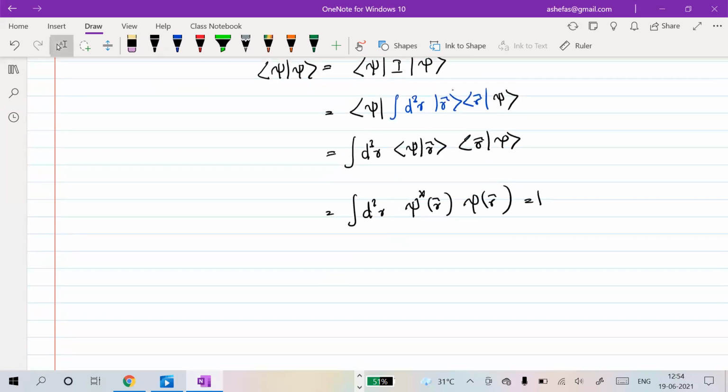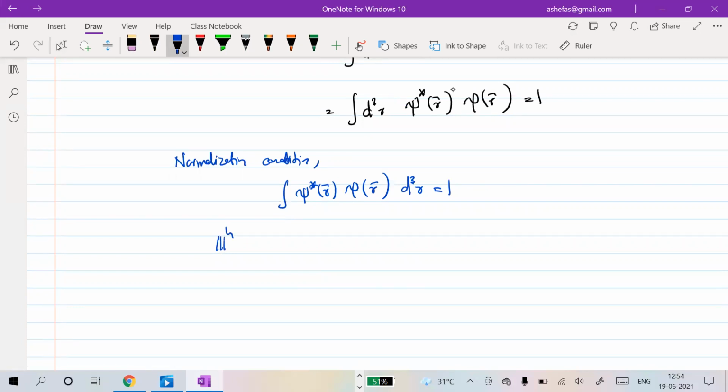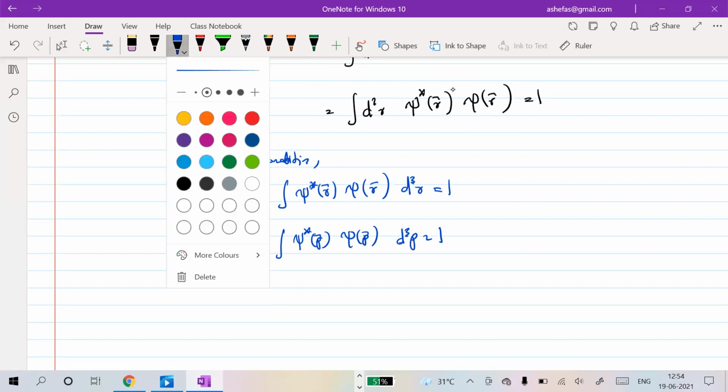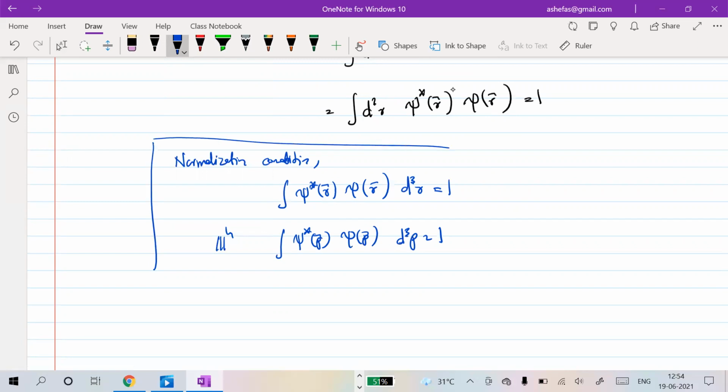So the normalization condition can be written as integral ψ*(r) ψ(r) d³r equal to 1. Similarly, we can prove the same condition is valid in the momentum basis as well: integral ψ*(p) ψ(p) d³p would also be equal to 1. So these are normalization conditions of the wave function in two different bases.